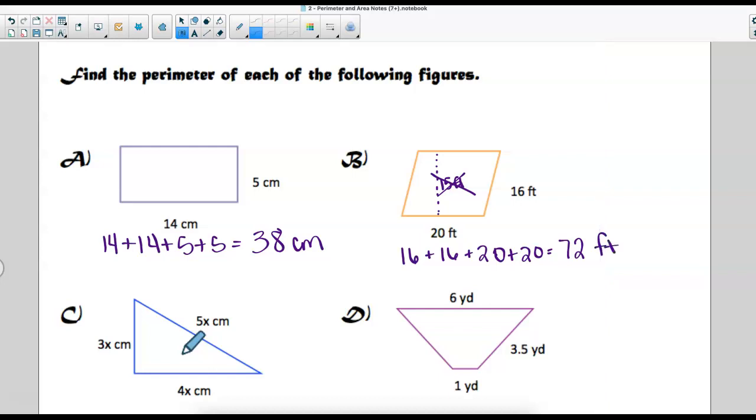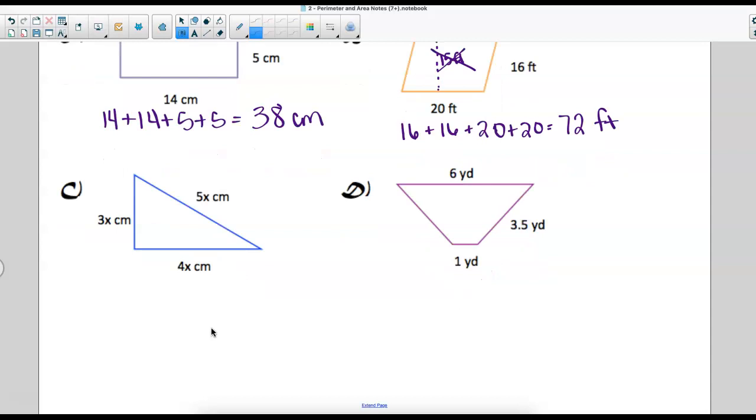Okay? I want to find the perimeter of that triangle. You add, what am I adding this time? Thor. 3x plus 5x plus 4x. Yeah. 3x plus 5x plus 4x. We don't know what x is, but what does that give me?